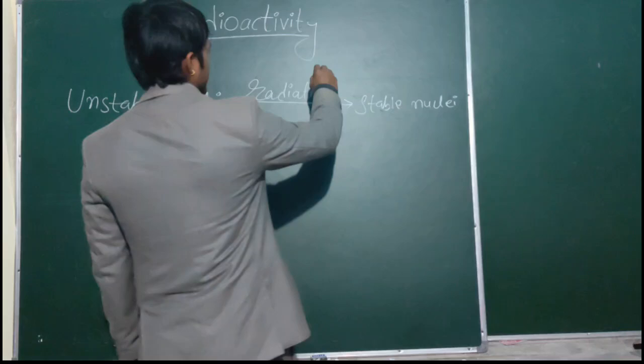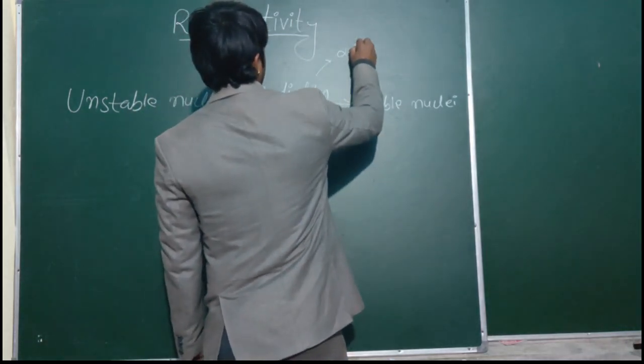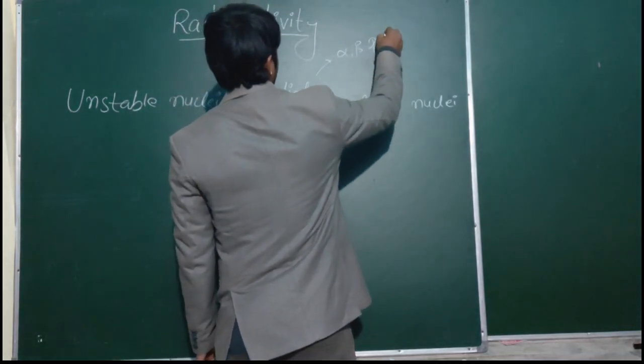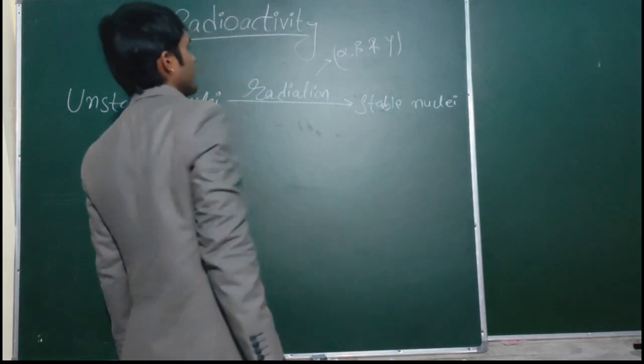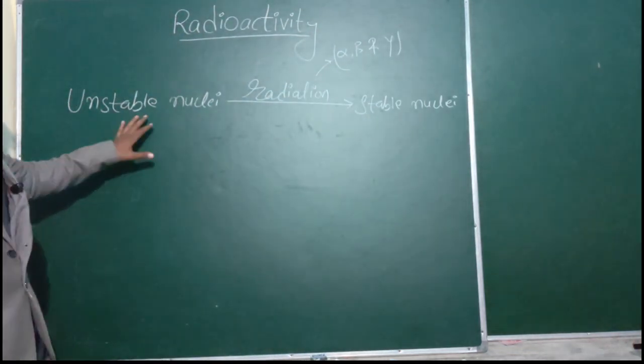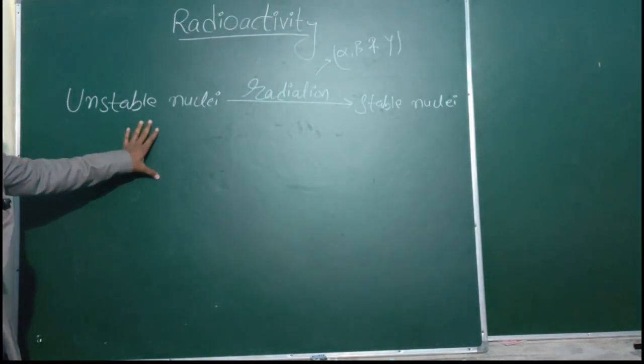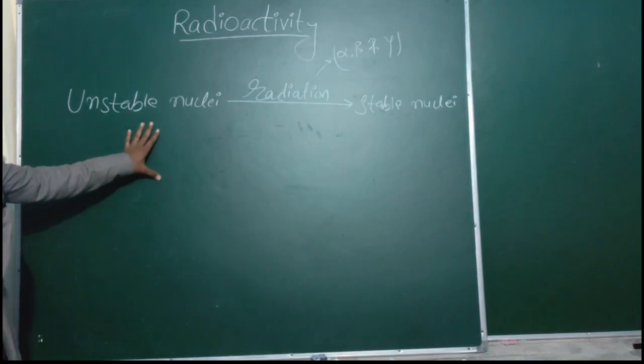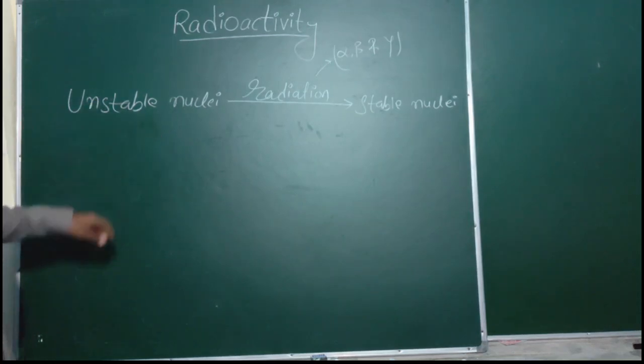And the radiation is in the form of alpha, beta, and gamma. So this is technically the definition of what radioactivity means.